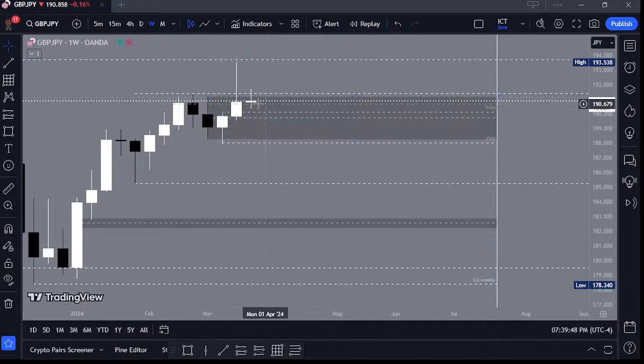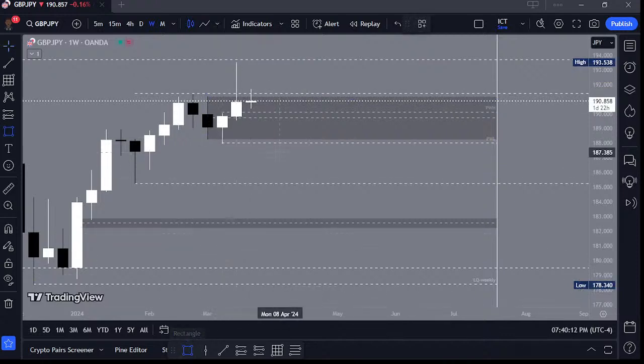That means we are about to retrace, like the following weeks. So that's pretty sure of bearish. This week has a little bit of indecision, but for this view, I can say that I'm bearish, not bullish.